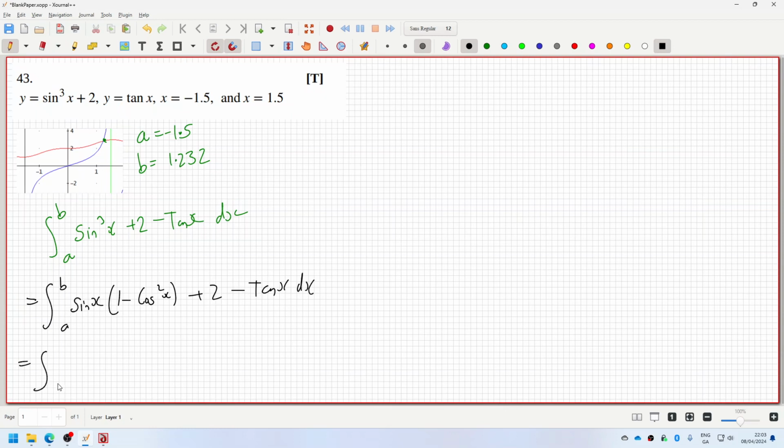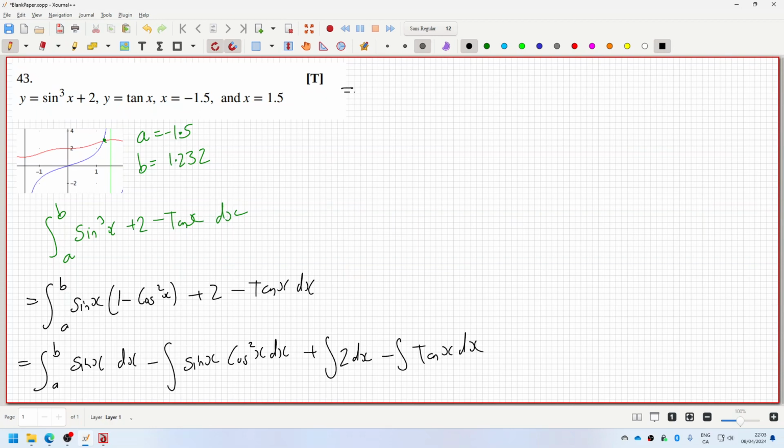So that would be a to b sine x dx minus the integration of sine x cos squared x dx plus the integration of 2 dx minus the integration of tan x dx. Right, okay. Well, the sine we know, that's minus cos x with the limits.